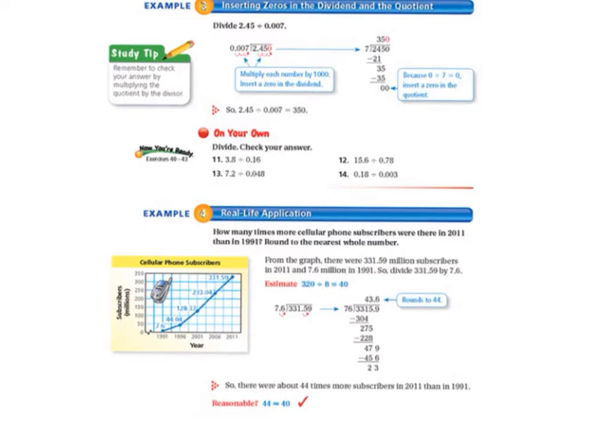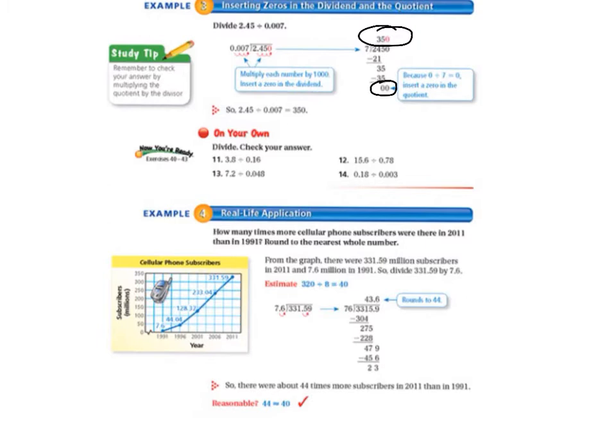So 35 minus 35 is 0, but I still have a 0 on the end, so I'm not done. So I have to do 7 times 0 is 0 and put a 0 down there. So my answer is 350, not 35.